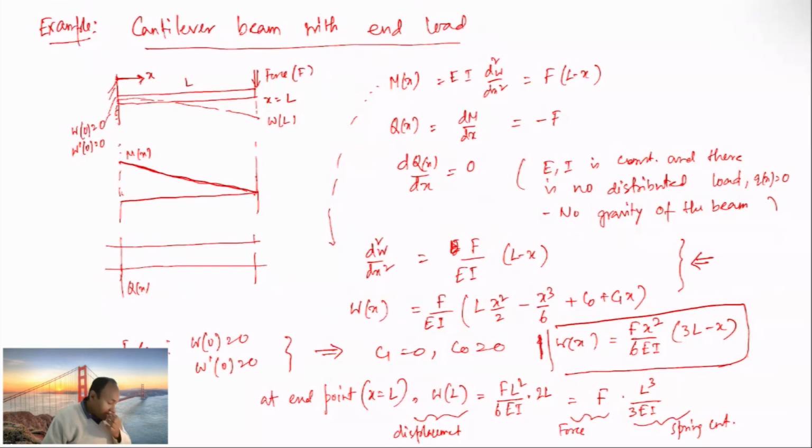Now we'll continue and look at another example of a cantilever beam with constant loading. So the second example that we will look at is a cantilever beam with constant loading.